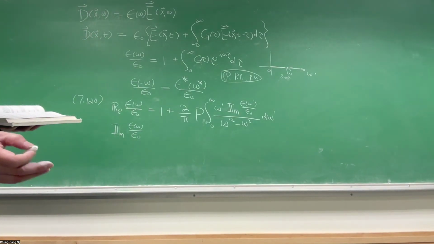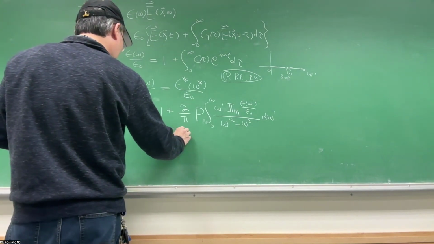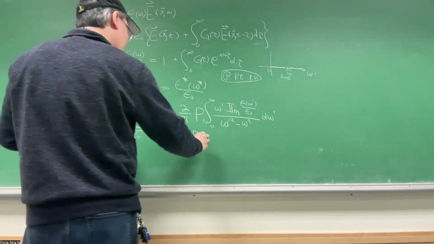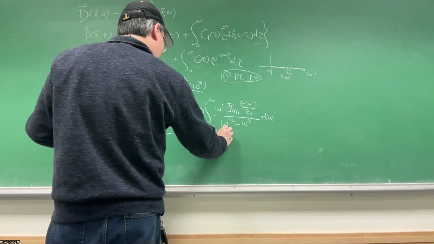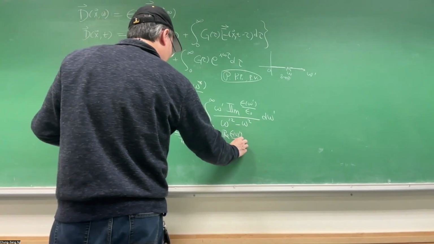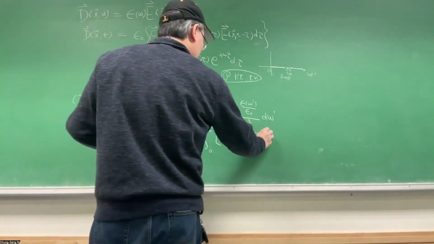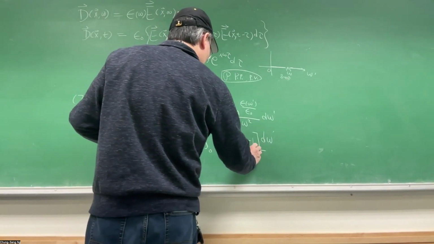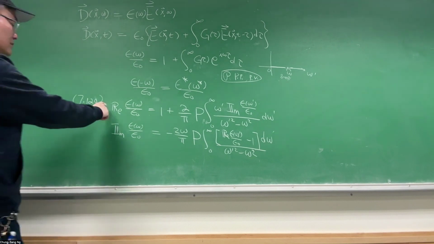The imaginary part is minus 2 omega over pi times the principal part of the integral of the real part of epsilon minus 1, divided by omega prime squared minus omega squared. Okay, so these are the two relationships.